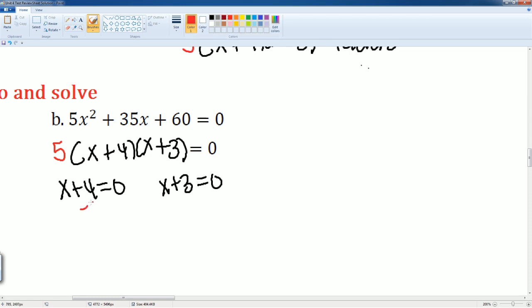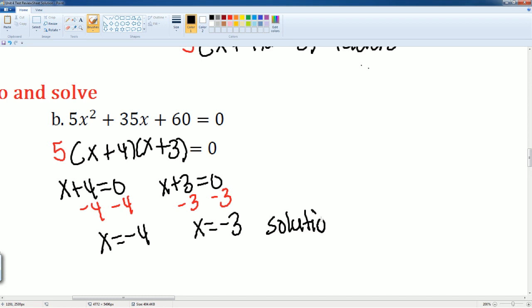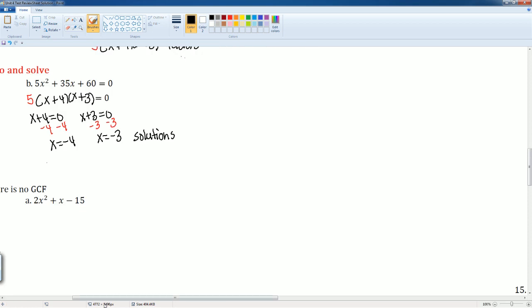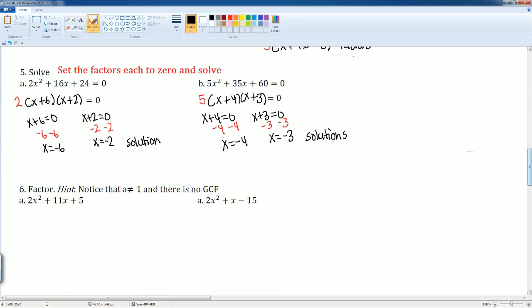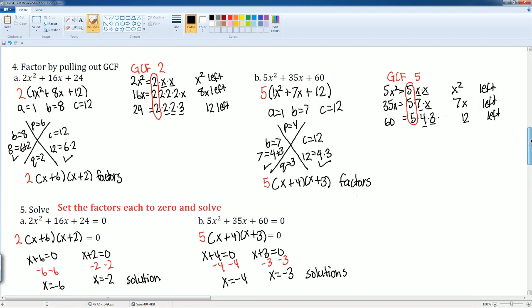So we subtract 4 from both sides. Then we have x is equal to negative 4. Then here we subtract 3 from both sides. Then we have x is equal to negative 3. There you go. Those are your solutions. So that is how you do 4 and 5.